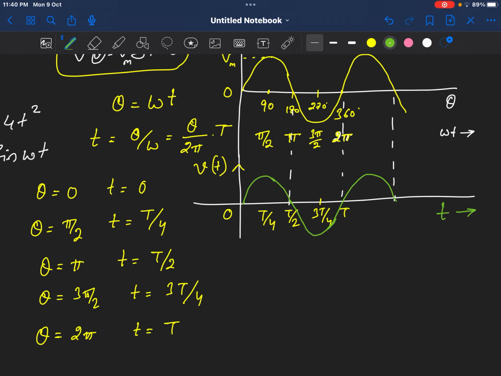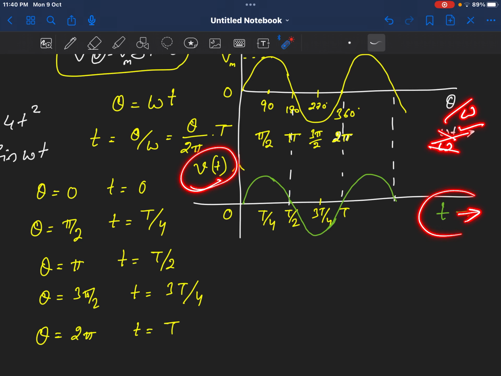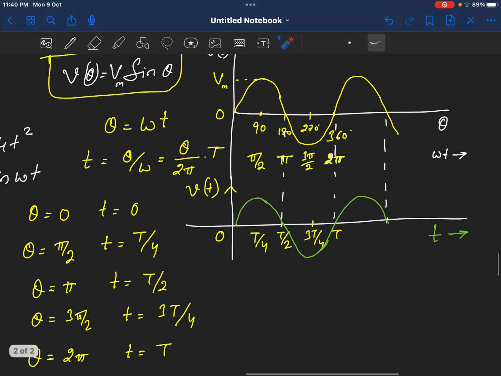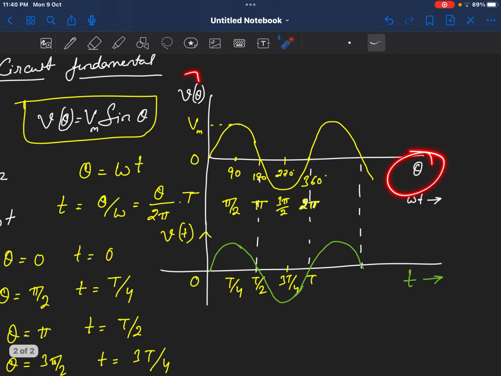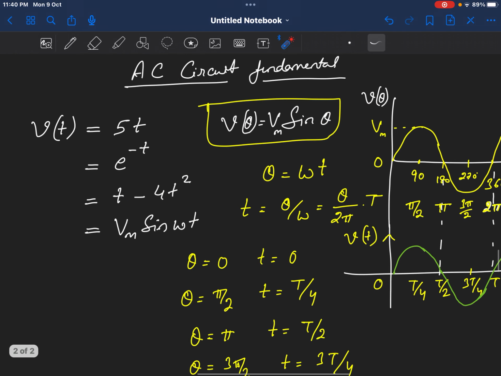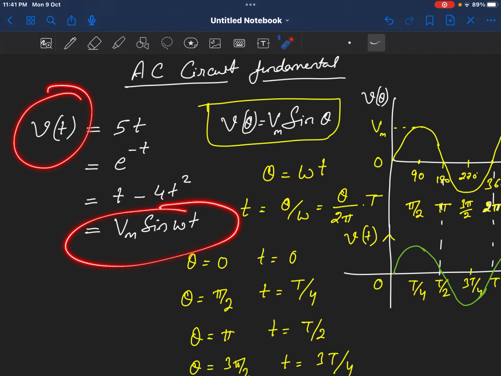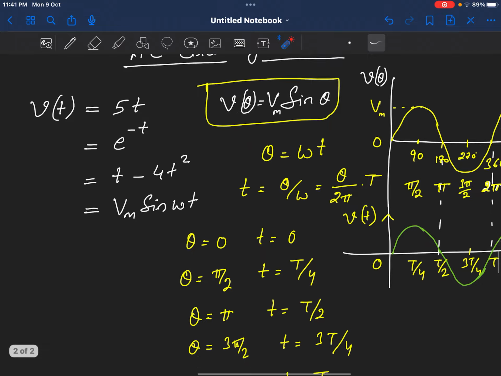So by dividing this term by omega, we can get v of t as a function of time, whereas earlier we were getting v of theta as a function of theta. So in this way we can write the voltage v of t as Vm sine omega t. Correct?